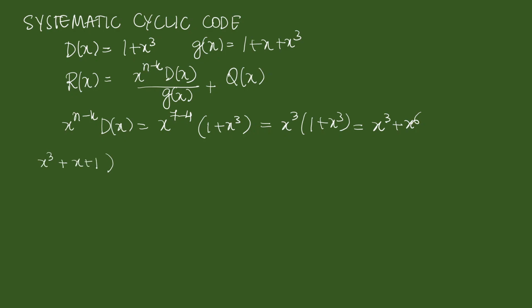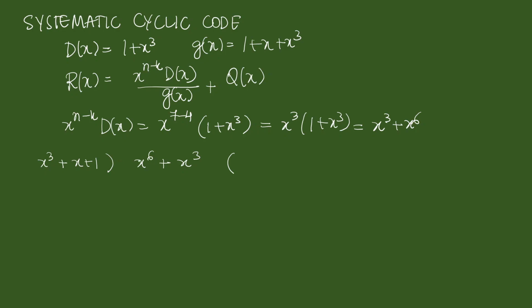Please always write with the highest power to the extreme left, followed by decreasing degrees of x, so here x raised to 6 first and then x cube. To do this modulo 2 division, please follow the modulo 2 division procedure.